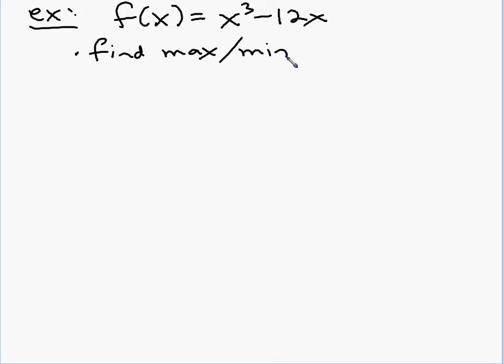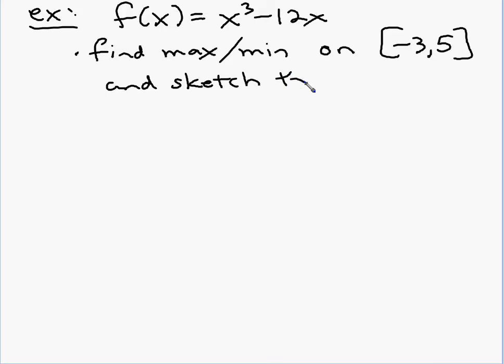There could be one of each. We don't know. Find the maxes and mins on the interval -3 to 5. All right? And sketch the graph.